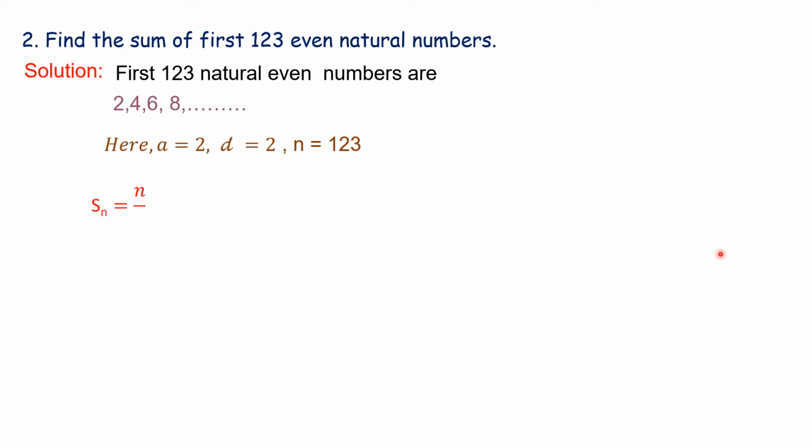Write down the formula: n upon 2 in bracket 2a plus in small bracket n minus 1 bracket complete into d. Now substitute the values: 123 upon 2 into bracket 2 into 2 plus 123 minus 1 bracket complete into 2.